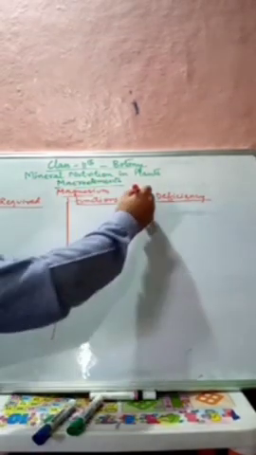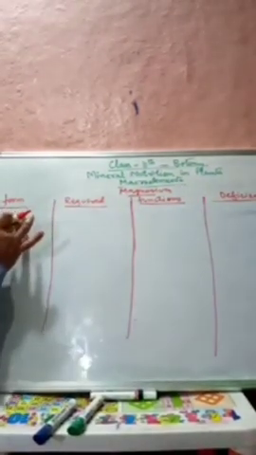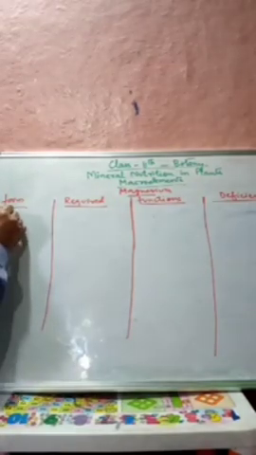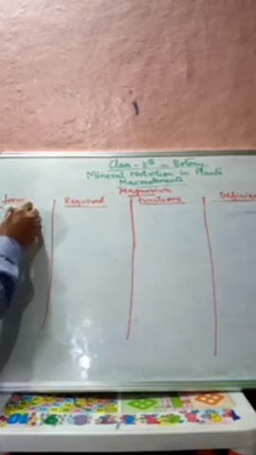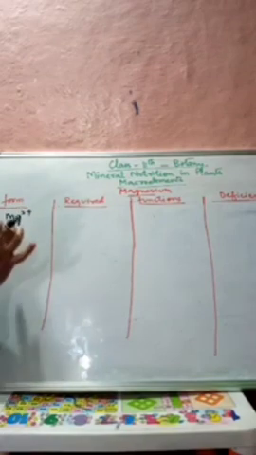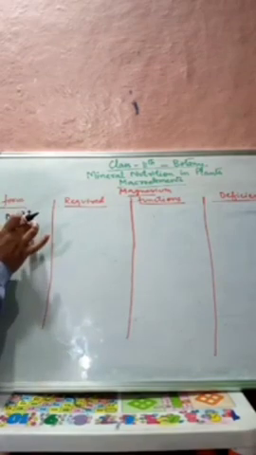Again, it will be discussed under four headings. First one is the form in which it is absorbed by the plant. How is it absorbed? It is absorbed in the form of magnesium ions from the soil.